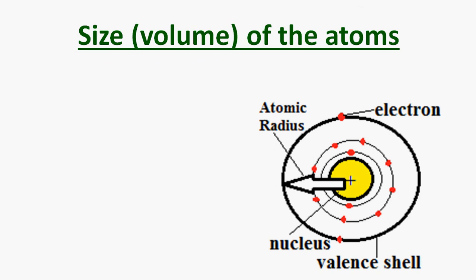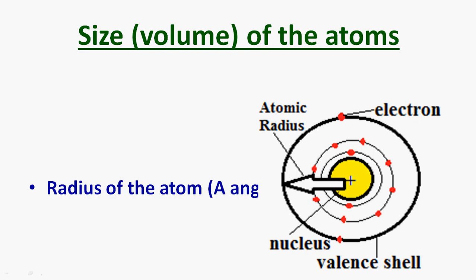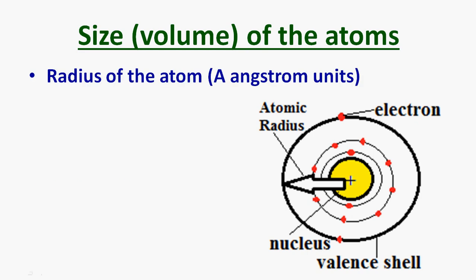So the distance from the center of the nucleus to the valence shell is the radial length. Okay, the distance between the center of nucleus to the outermost shell of the atom. Okay, then the radius is measured in angstrom units, where 1 angstrom is equal to 1 into 10 power minus 10 meter.